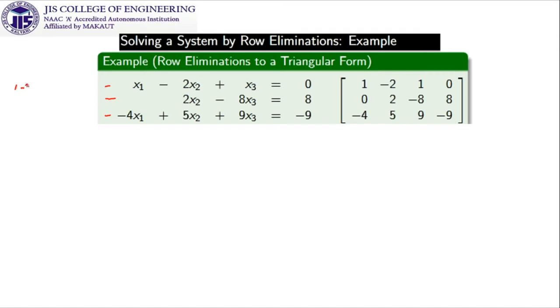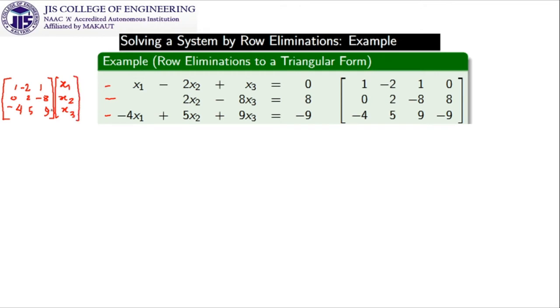The matrix has rows 1, minus 2, 1; 0, 2, minus 8; minus 4, 5, 9. This is my A, then my X. What will be X? x1, x2, x3.